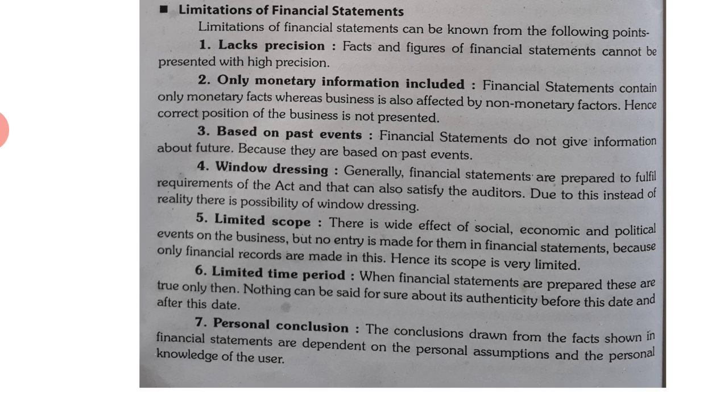Limited time period. Nothing can be said for sure about whether they are authentic or not. They have got a limited period of time. So at any time a company can perform well, and in a time of recession its performance may be poor. That cannot be known by seeing the financial statement.